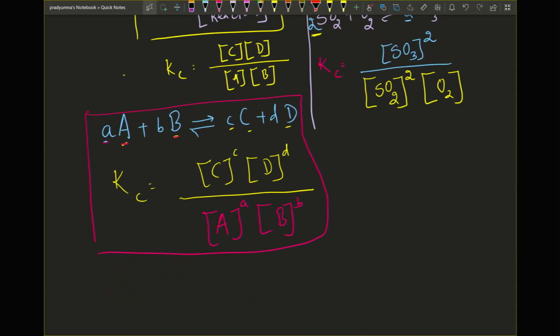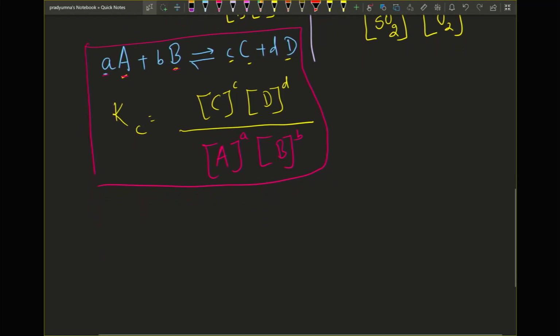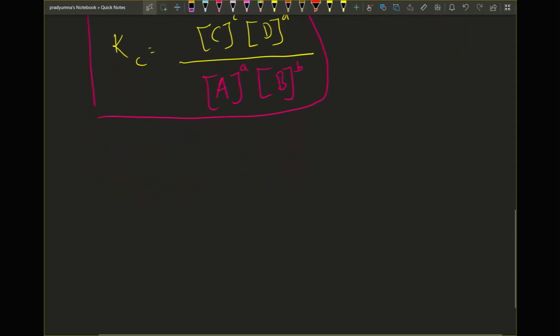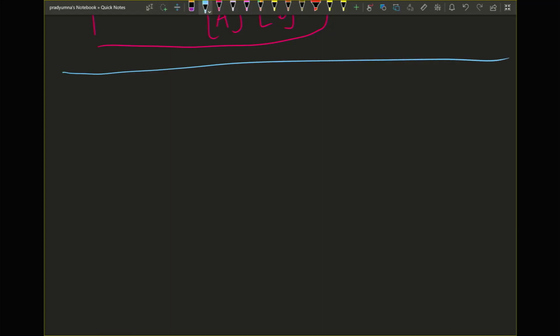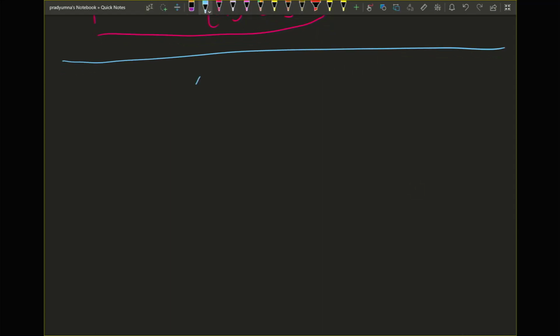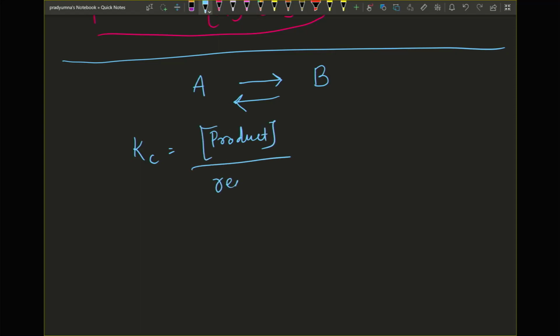Okay, so now let's go back and try to do a couple of things. I'm going to do a simple reaction, A to B, and they are in equilibrium. So let's say, what should be the equilibrium constant? Product concentrations divided by reactant concentrations.